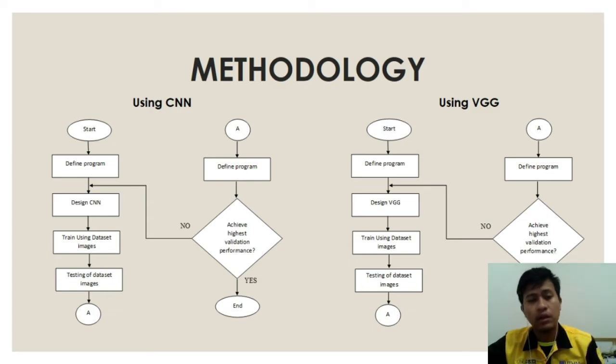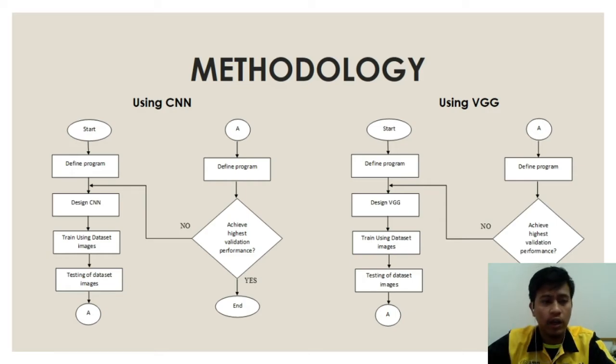For task one, the method that we use is CNN. For the CNN, firstly we need to start Google Colab. After that, we define the program, and then we input the design for the CNN method. After that, we train using the image dataset, and after that we test with the image dataset, and then the output will be produced.